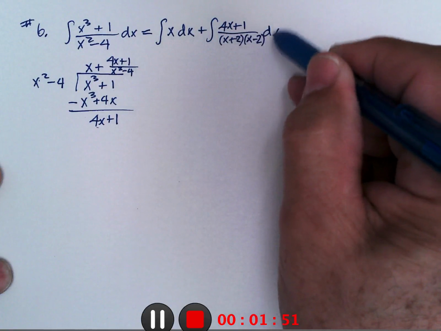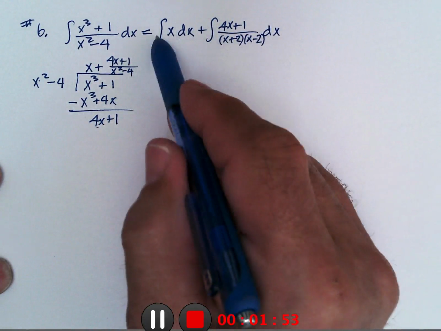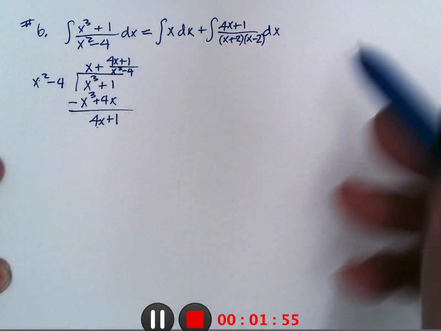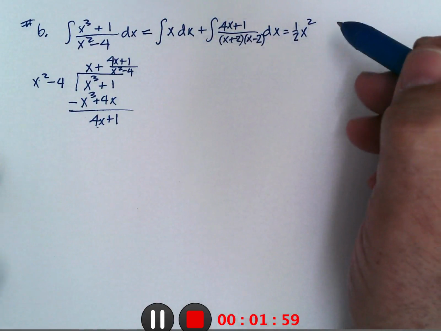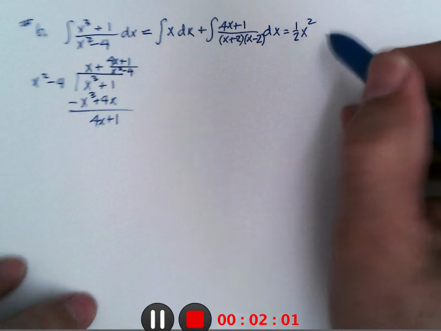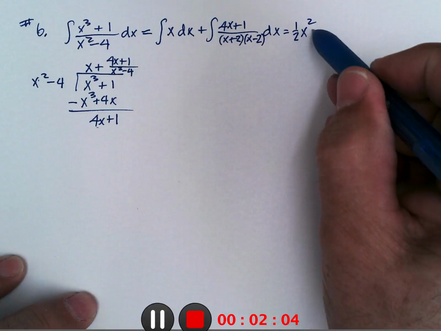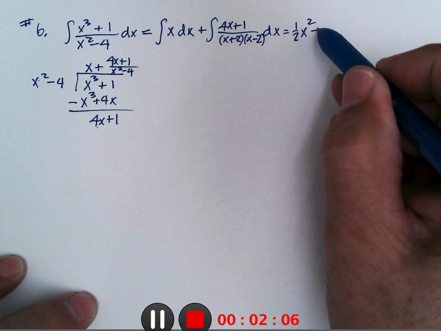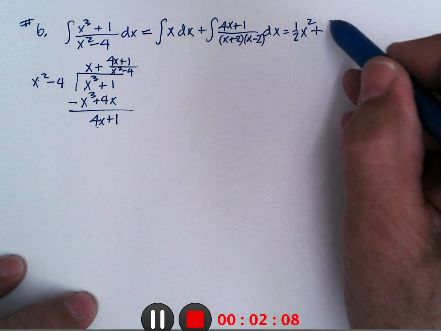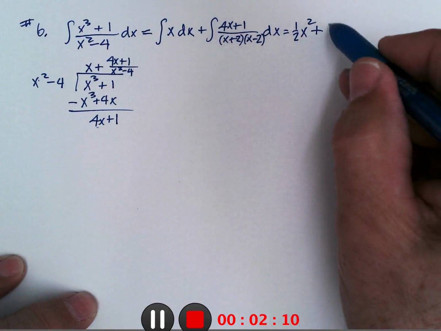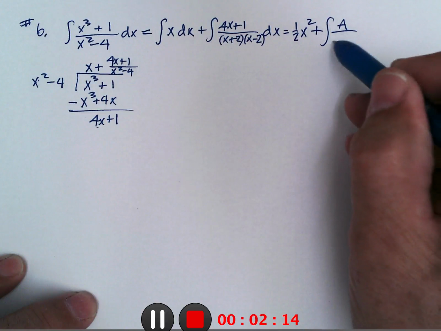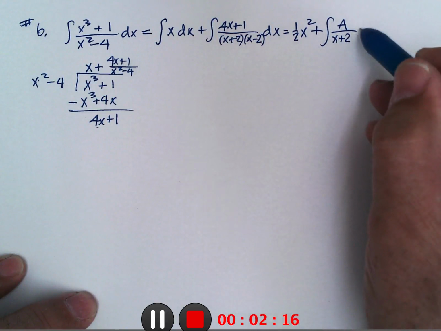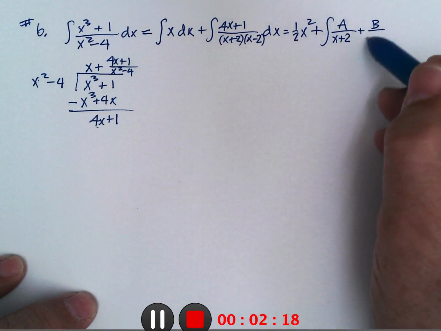The integral of x dx is just 1/2 x squared, and so we've taken care of that. This we would split into two integrals, so it'd be plus the integral of a over x plus 2 plus b over x minus 2 dx.